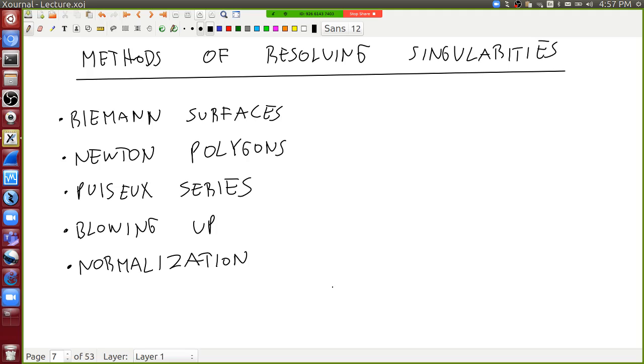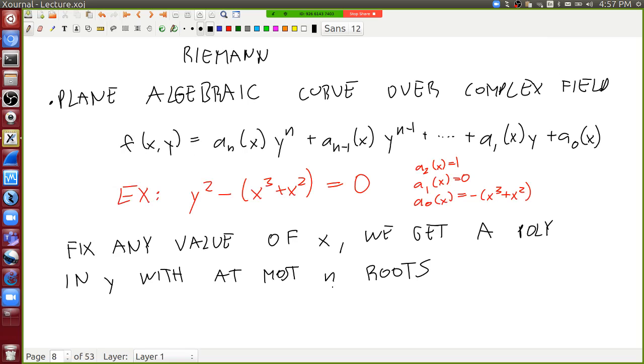So let's start with Riemann. A plane algebraic curve. So we're not doing space curves. I've got a space curve later in the lecture, but for now plane algebraic curves, just in the xy plane, definitely over the complex field. We can treat it as a polynomial in y with coefficients that are rational functions in x.